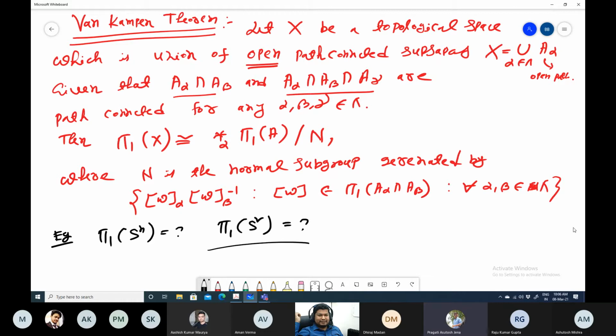We should make open sets A and B. If you take the open upper half and the closed lower half, then their union will not be S2, right? We can take something larger than the upper and lower half so that they intersect and their union is S2. Exactly.